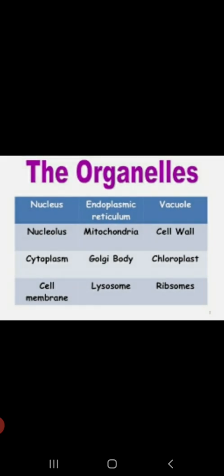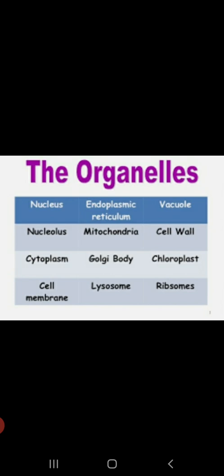Cytoplasm contains a number of small structures which are called cell organelles, and they have some specific functions to perform for the cell. As I gave you some examples of the cell organelles, that is mitochondria, endoplasmic reticulum, Golgi body or Golgi apparatus, lysosomes, vacuoles, ribosomes, plastids.